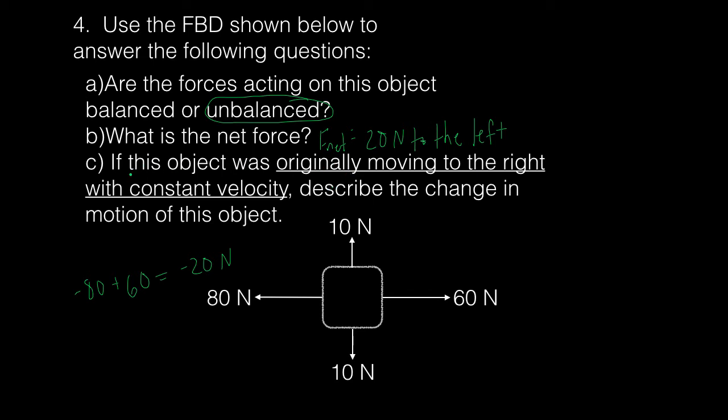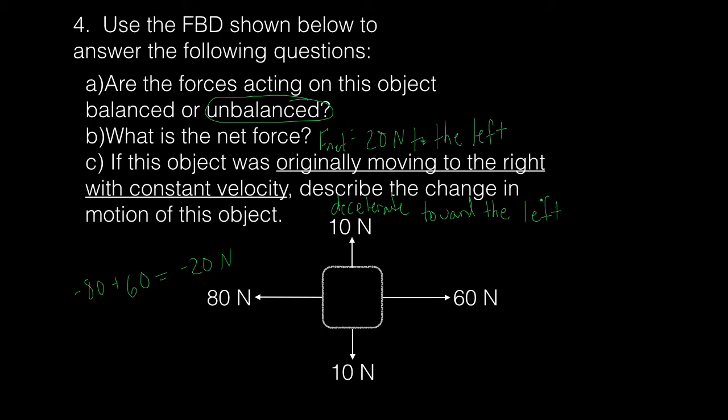In part C, it says, if the object was originally moving to the right with constant velocity, describe the change in motion of this object. So the object was moving right at a constant speed, constant velocity, and now it's experiencing a net force to the left. And so what that's going to cause the object to do is decelerate toward the left.